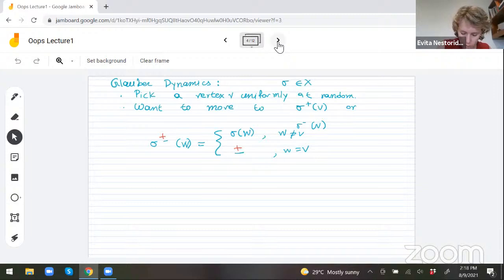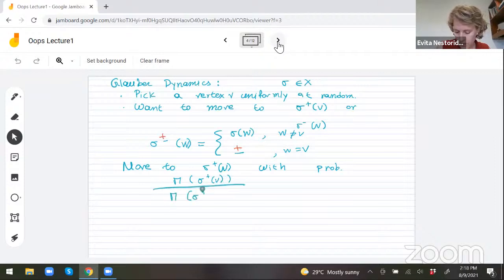So we move to sigma plus V with probability the stationary measure that we had before, so the measure that we wanted to understand earlier, pi of sigma plus V divided by pi of sigma plus V plus pi of sigma minus V.